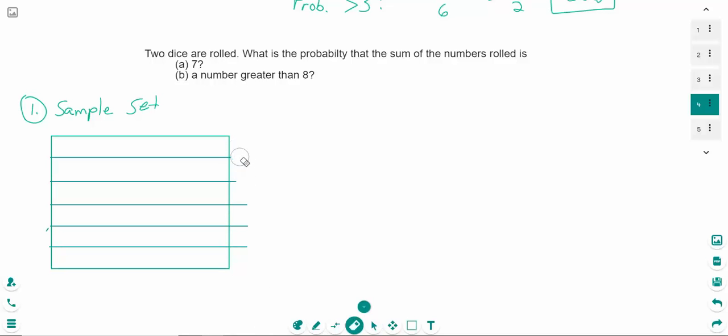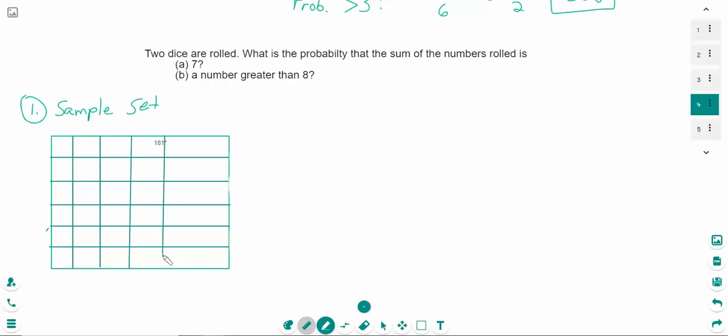Well, something like this anyway. It's kind of messy. Okay, so there we go. Maybe we'll just do it this way too. Okay, it's rough, but there's my chart.